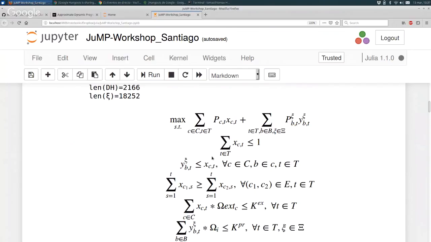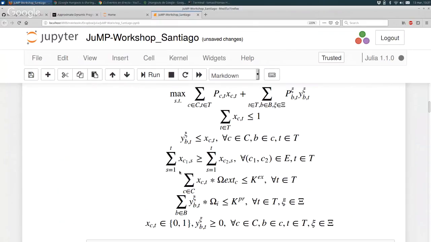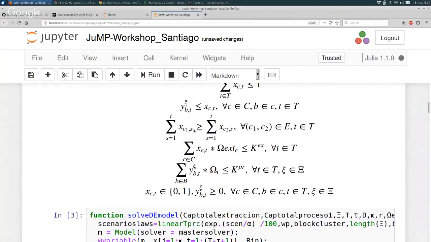If we extract the cluster C, we can process the block B. And if we process it, we can decide if we extract the copper out of it or just throw it away because it's too poor. Here you have a knapsack constraint, some precedence constraints for the clusters, and a knapsack constraint for the processing of the blocks.